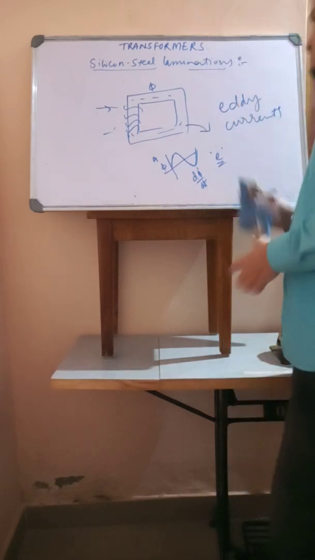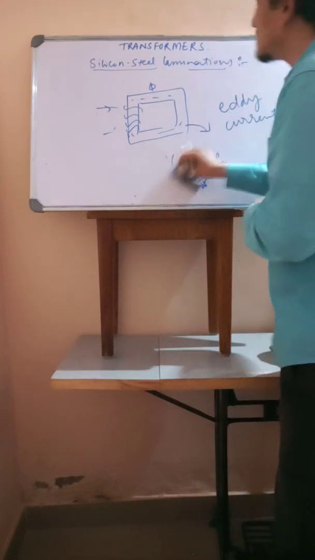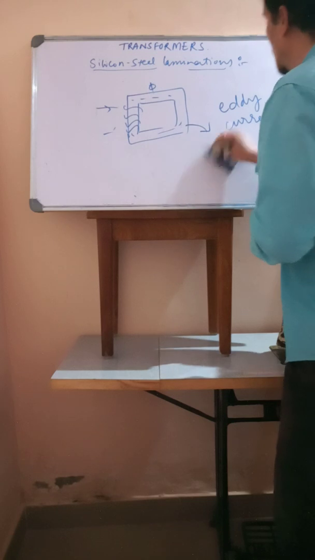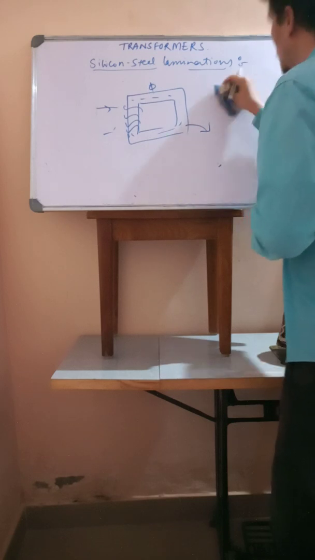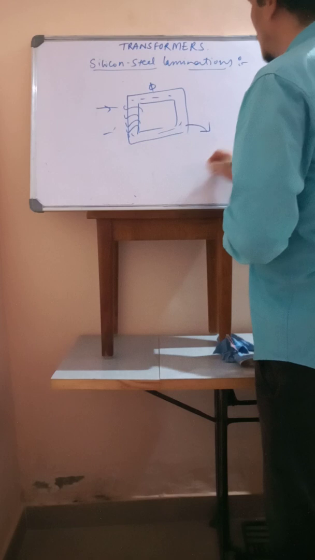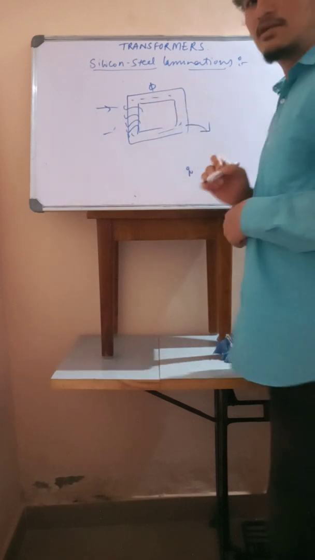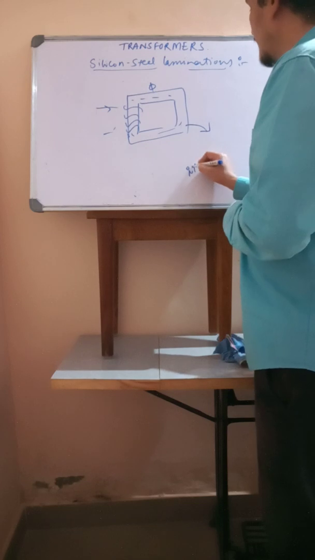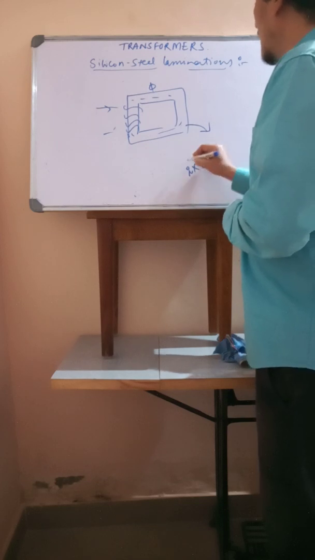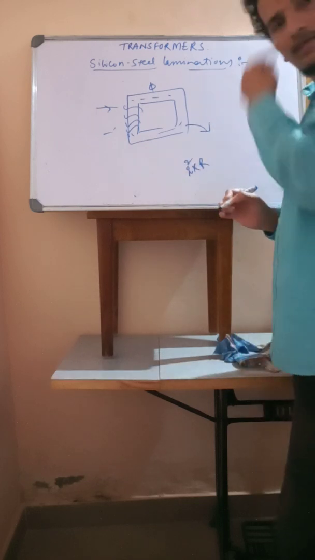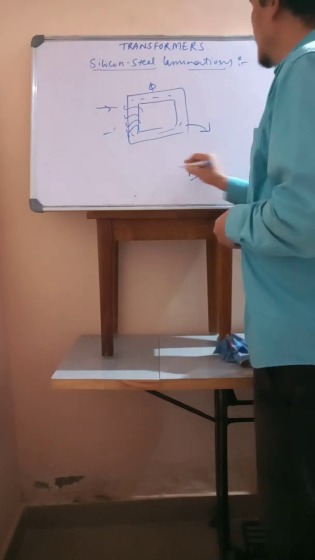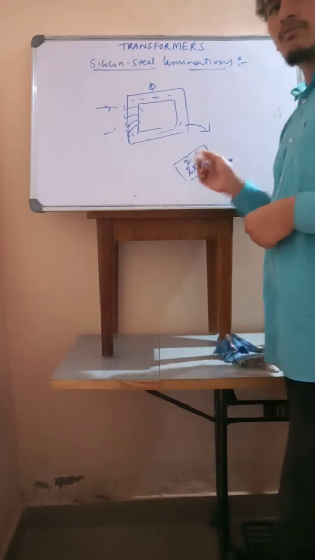Due to the current flowing through this and due to the resistance of the core, if I is the small eddy current that is flowing through this, and R is the resistance, I square R is the eddy current loss. Power formula is what?